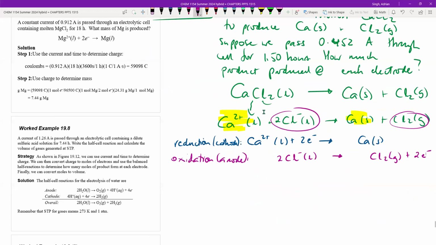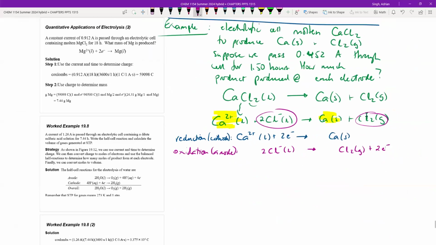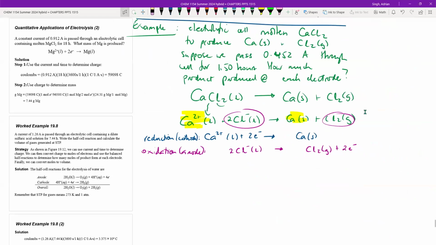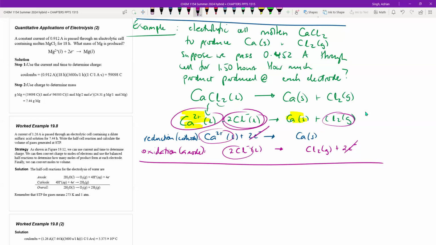So we've taken our initial situation and broken it down into the oxidation and the reduction. Then we can add these together, and the electrons go away, and you end up with the original equation that we wrote, calcium chloride producing calcium and chlorine.